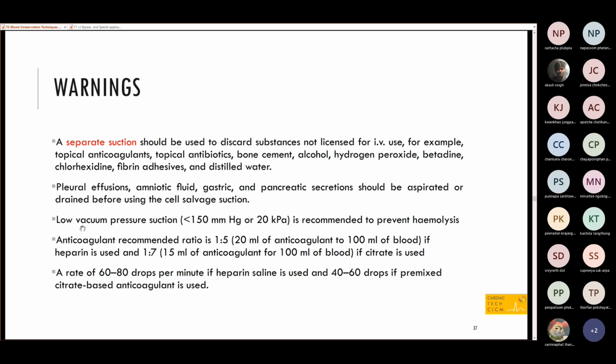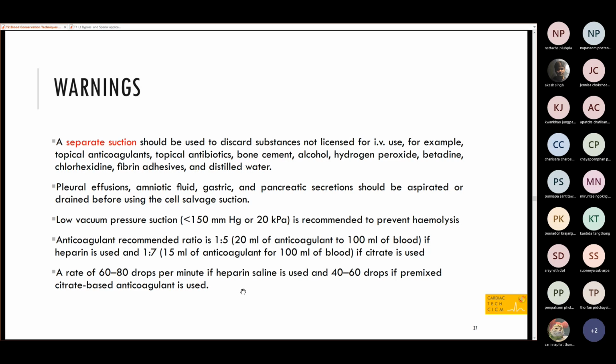Okay, and the next thing is to avoid high vacuum applied to the circuit, to prevent the stretching of the red blood cells that causes hemolysis. And anticoagulant should also be used in the appropriate ratio for mixing.